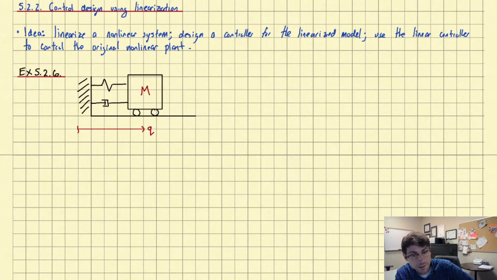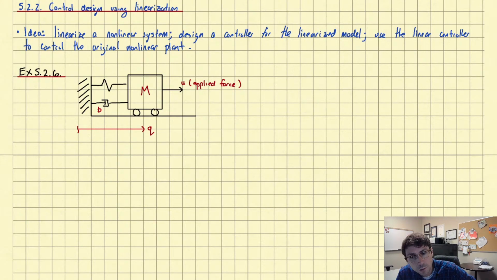There'll be an input to the system, which will be an applied force. So let's take this input here. Okay. The damper, let's just assume that it's linear damping, so it has coefficient b.